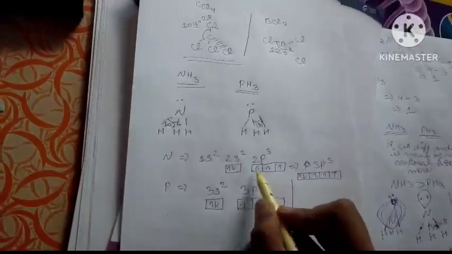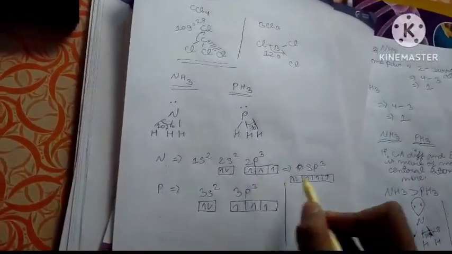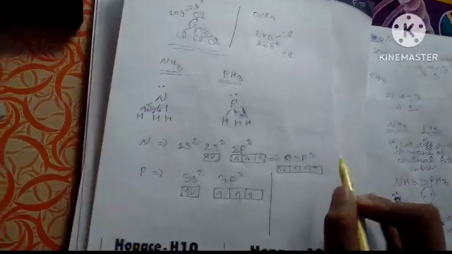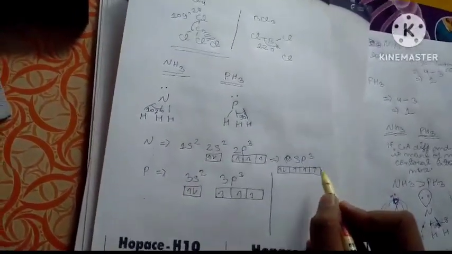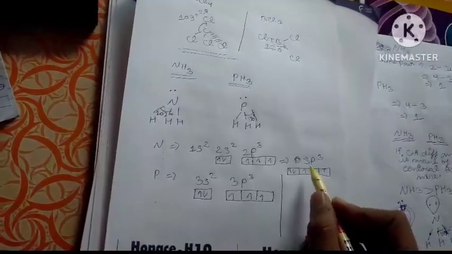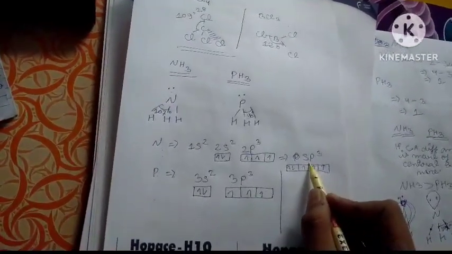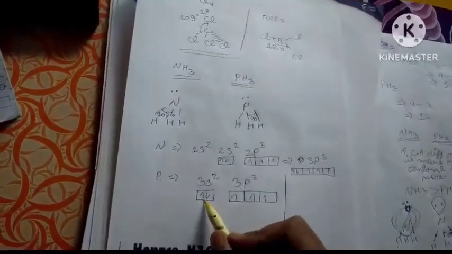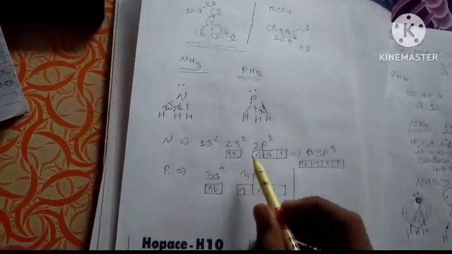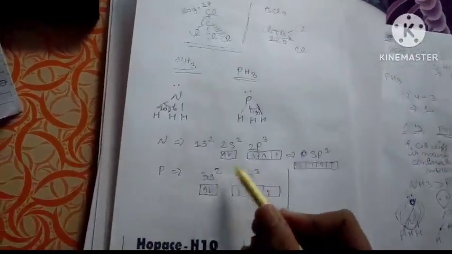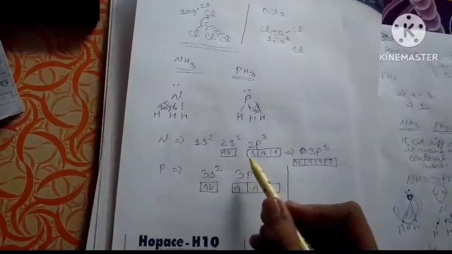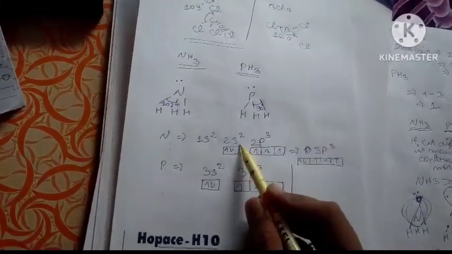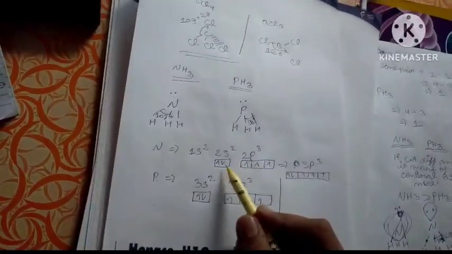You can see here sp3. So first of all, we will calculate the s character of these two orbitals, sp3 and 3s2, right? The lone pair which is present, we will calculate its s subshell character.